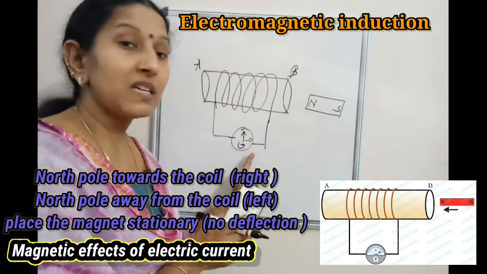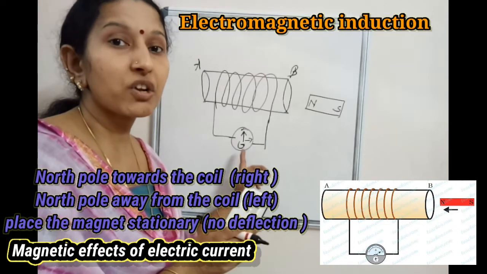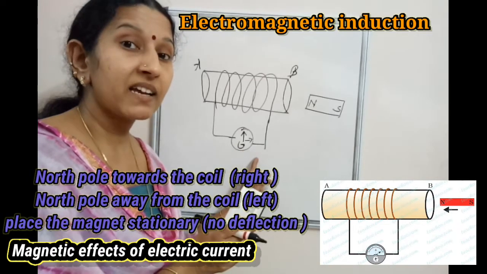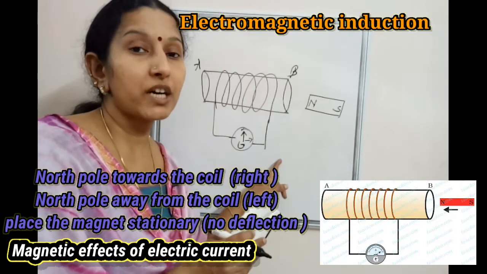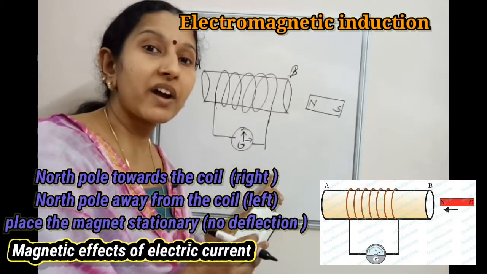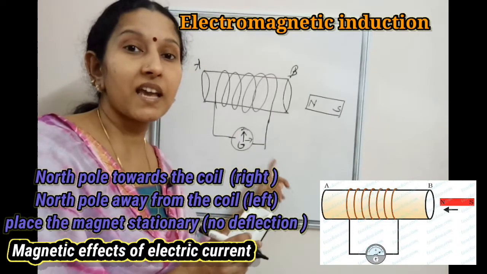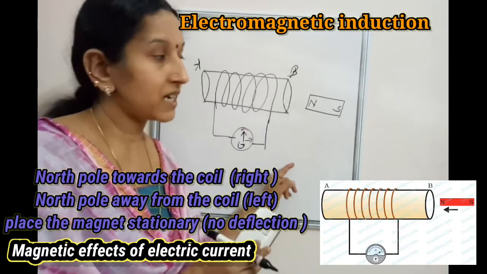So as per this deflection of the galvanometer, the generation of current is on which side? Right side. Why? Because the needle deflected towards right, which indicates there is a generation of current, right?